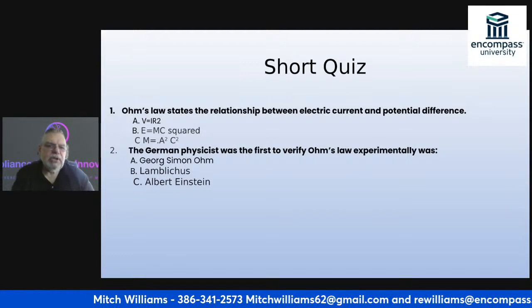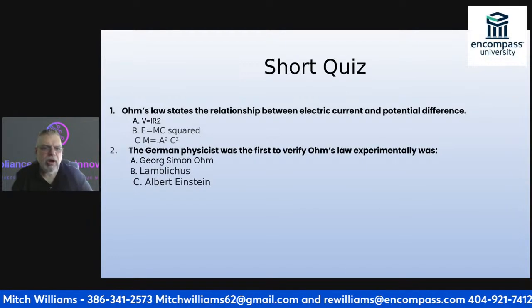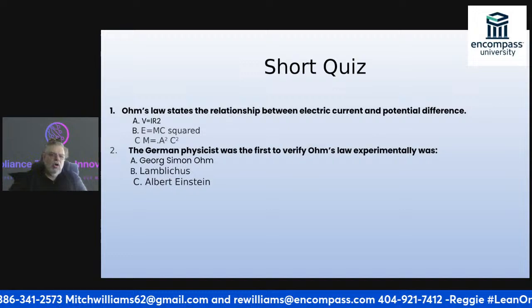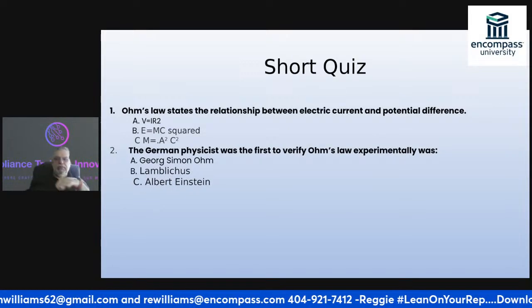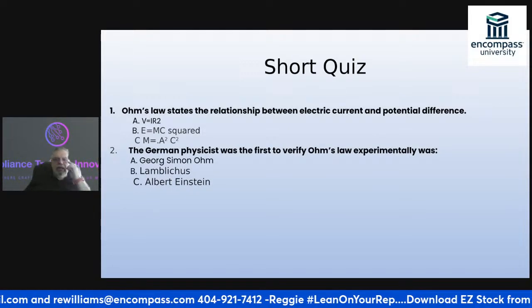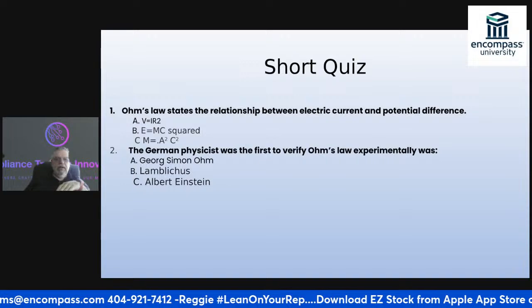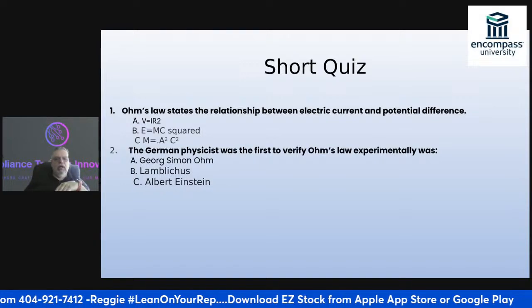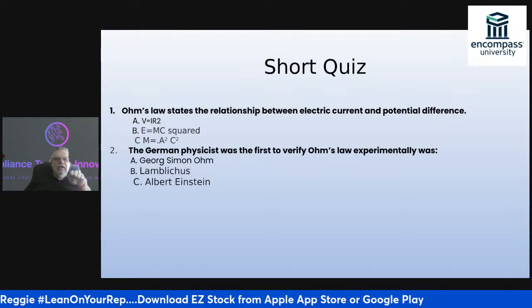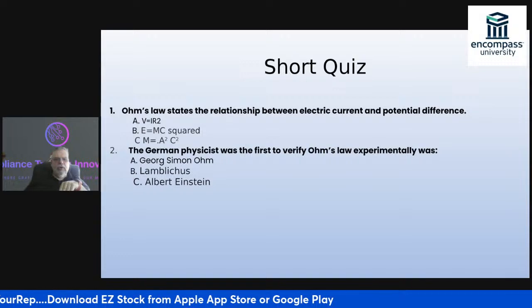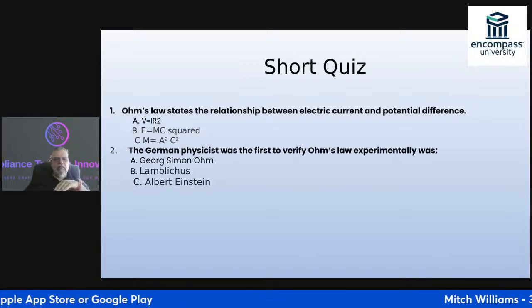Here is a short quiz on Ohm's law. Ohm's law states the relationship between the electrical current and potential difference. What is Ohm's law? Is it V equals I over R squared? Is it E equals MC squared?